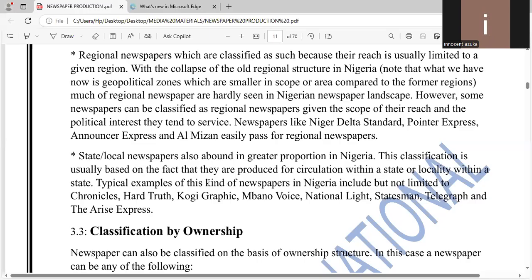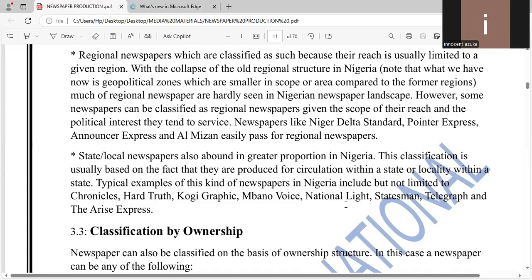So state and local newspapers also abound in greater proportion in Nigeria. This classification is usually based on the fact that they are produced for circulation within a state or a locality within a state.